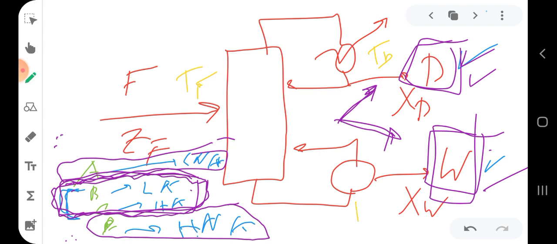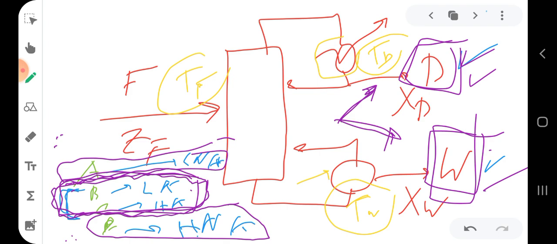Of course, the temperature at the waste, where we have the reboiler, will be much higher than the temperature in the feed where there is no reboiler, and the temperature of the distillate will be much lower because of the condenser that's cooling. So as you can see, we have different temperatures across the column.